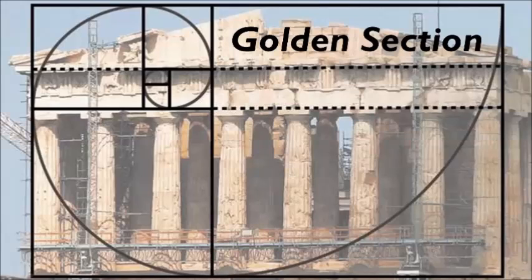The golden section is also referred to as the golden mean or the golden ratio. And this word mean, M-E-A-N, you sometimes hear when we're talking about architectural ordering systems or proportioning systems. And literally the word mean tends to be the midpoint between 2 points or 2 objects.